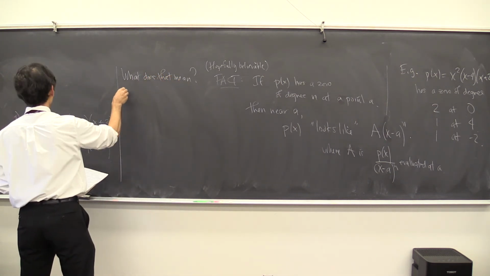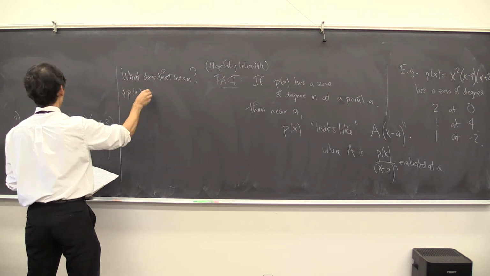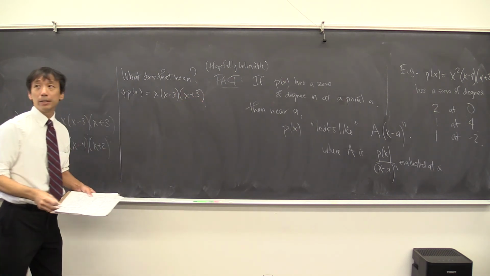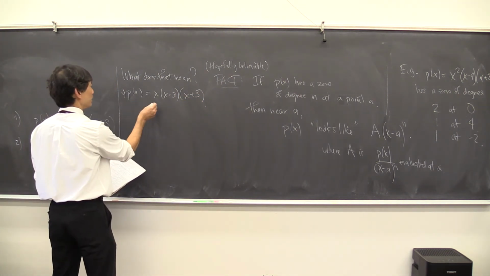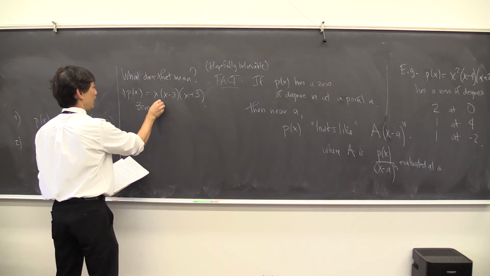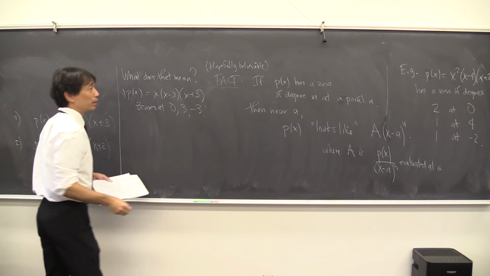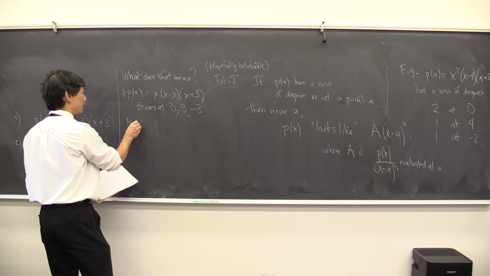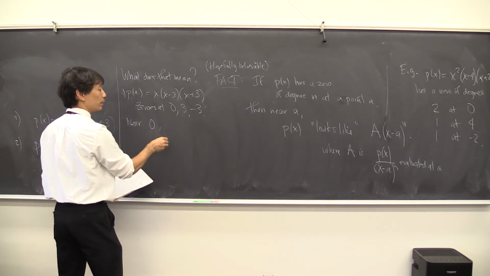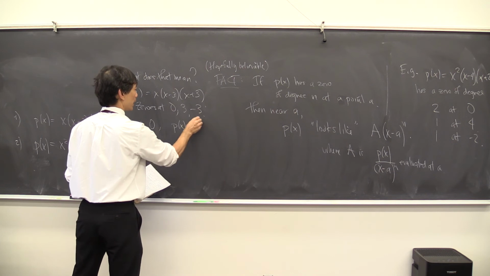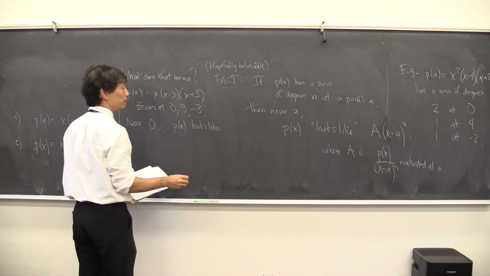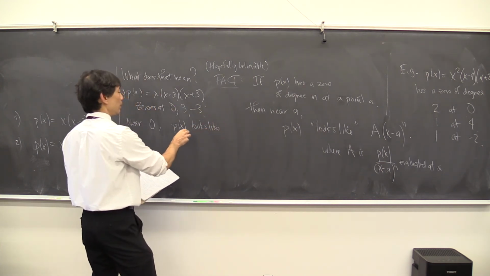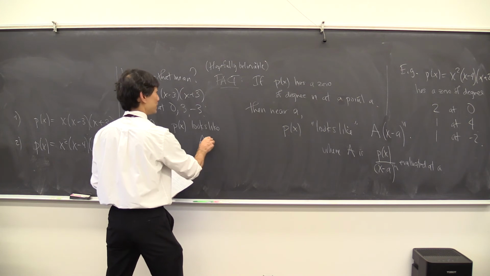So let's go to our first guy here, right? So p of x is x times x minus 3 times x plus 3, right? It's got 3 zeros, at 0, 3, and -3, and what this tells us is that near 0, p of x looks like some number times x.